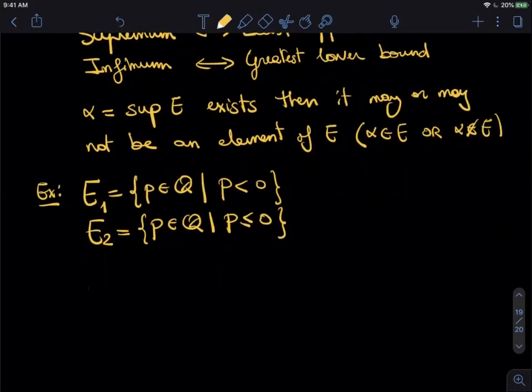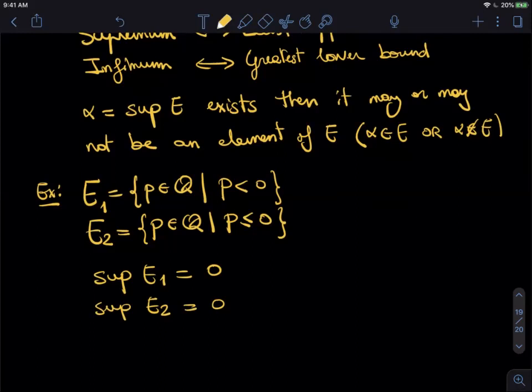In both cases, the supremum of E1 is going to be 0, and the supremum of E2 is also going to be 0.